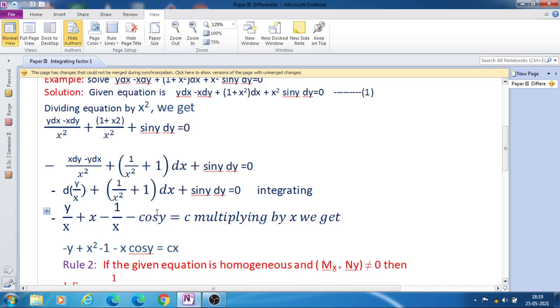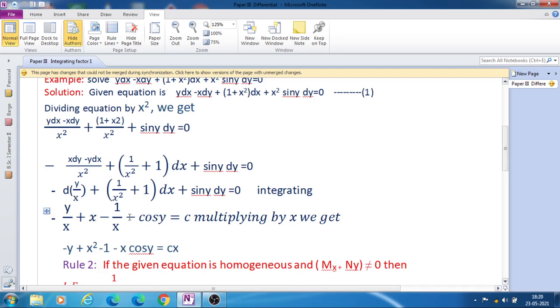So we have integrated this equation, and now multiplying this equation by x, we get minus y plus x square minus 1 minus x cos y is equal to c into x.